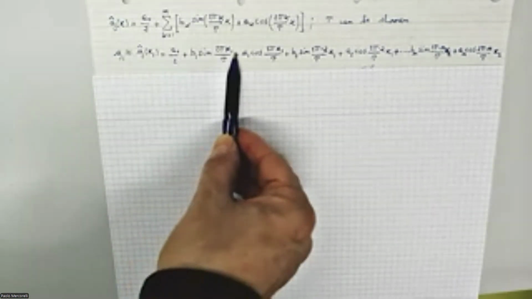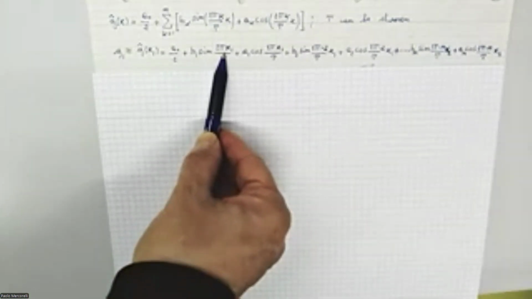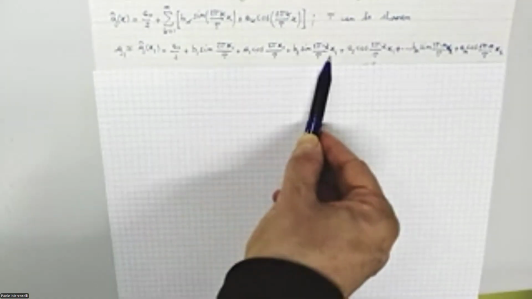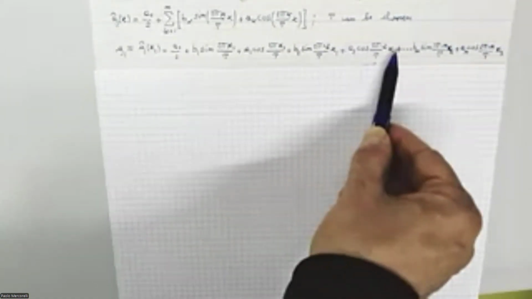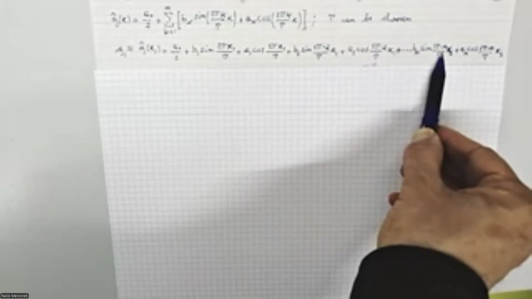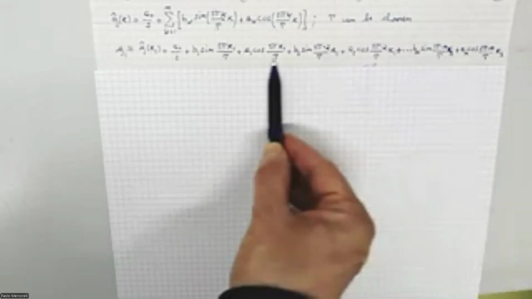We can see x1 everywhere: for k equal 1, for sine, for k equal 1, for cosine, and then k equal 2, sine and cosine, and so on until k equal n. Everything is calculated for the point of the exploration variable x1, exactly what we did for the polynomial.